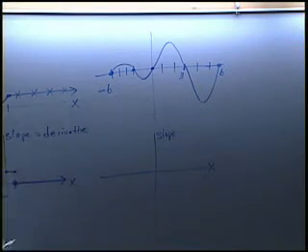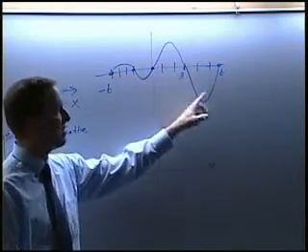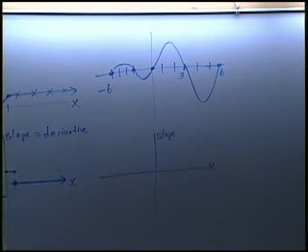Is there anywhere on this graph where, if I drew a tangent line, the slope would be 0? And there's a whole bunch of places. Does anybody recognize one of them? Where was the slope 0 on this graph over here? Right at one of the peaks or one of the valleys, right.